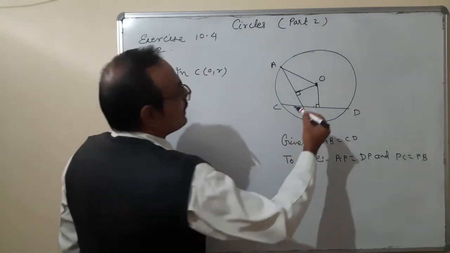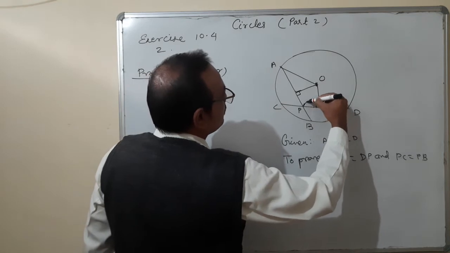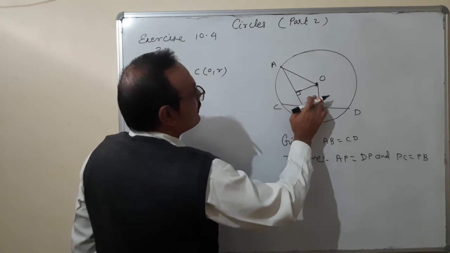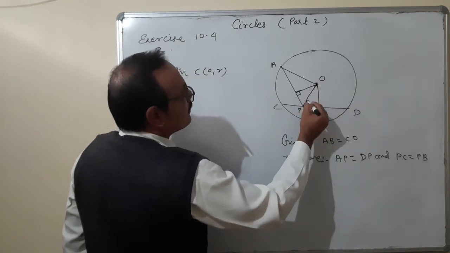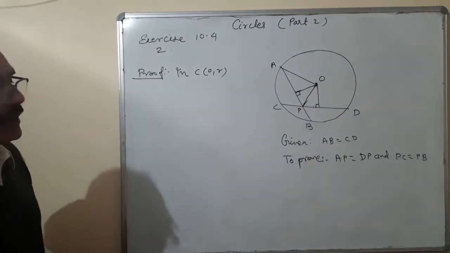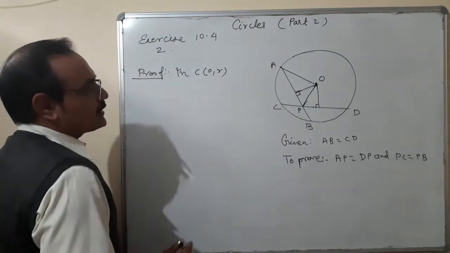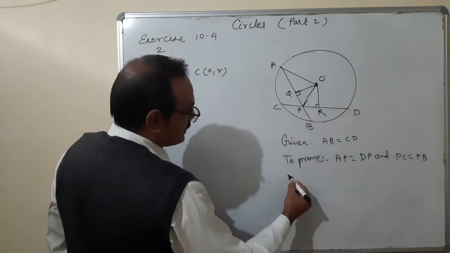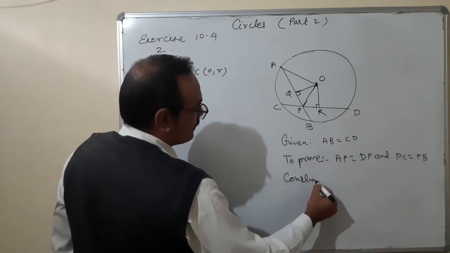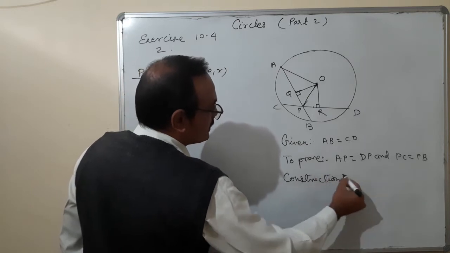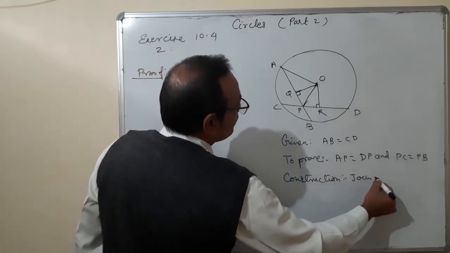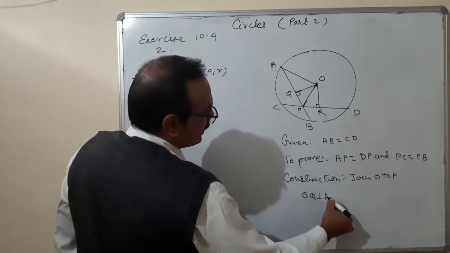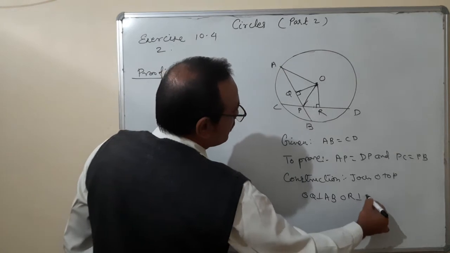And after that, I am going to join O to P. In the figure, this is P, this is Q and that is R. So in construction: join O to P and draw OQ perpendicular to AB, OR perpendicular to CD.